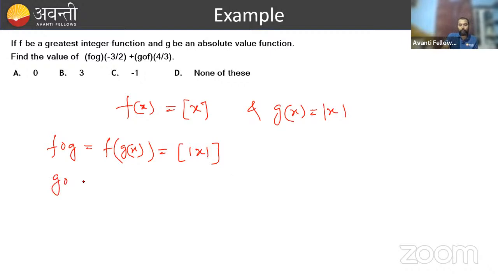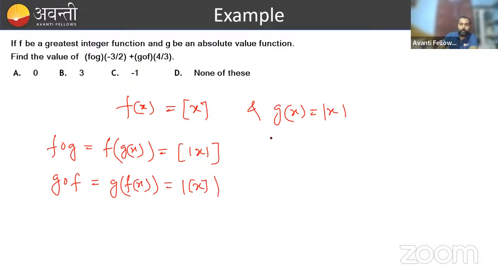Similarly, you can find gof. So what is gof? g of f of x, right? g of x is given as the absolute value of x, so in place of x in the absolute value, we need to write the greatest integer function of x.